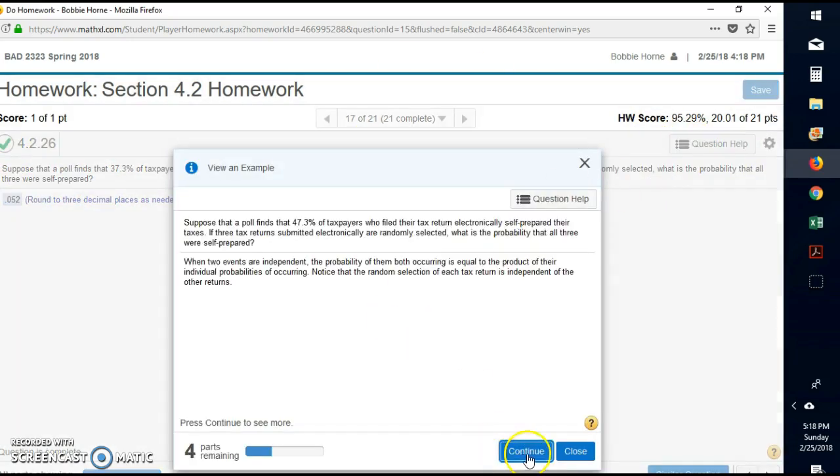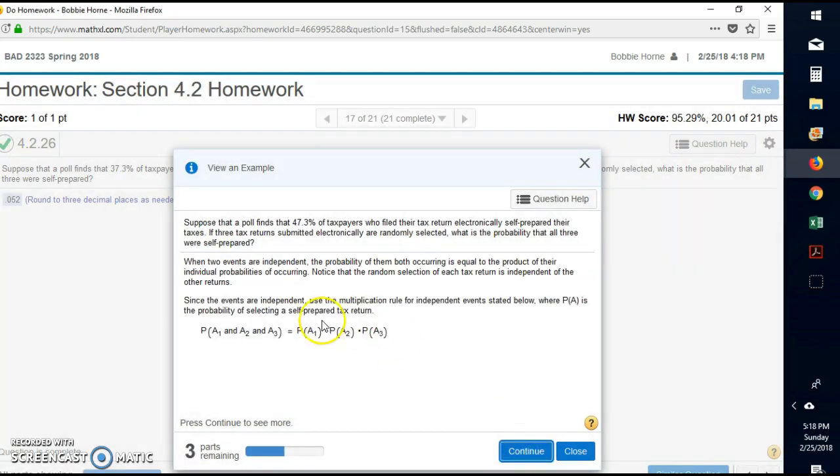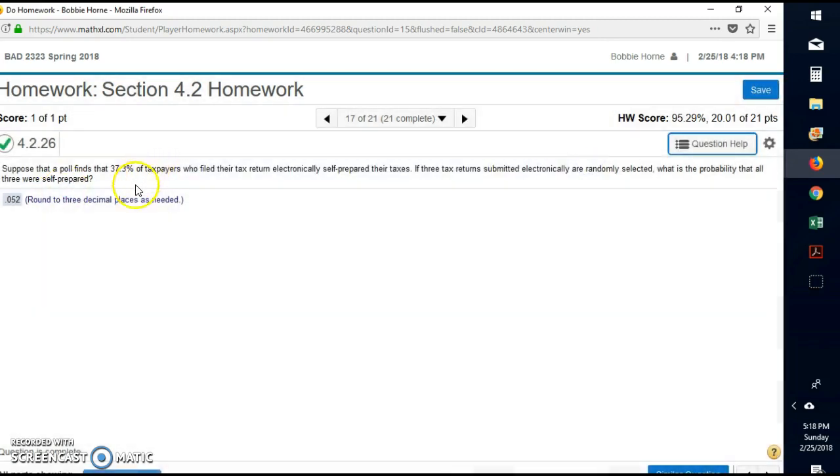We know the probability of it happening one time is 0.373. So basically, you're going to do 0.373 times 0.373 times 0.373, and the probability of finding all 3 tax returns were self-prepared would be 0.052. That is a pretty straightforward problem.